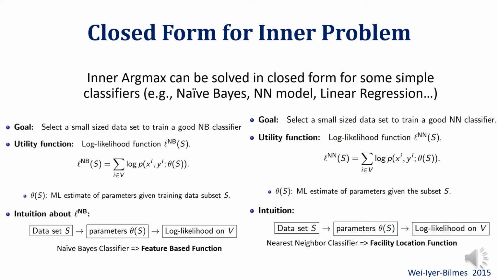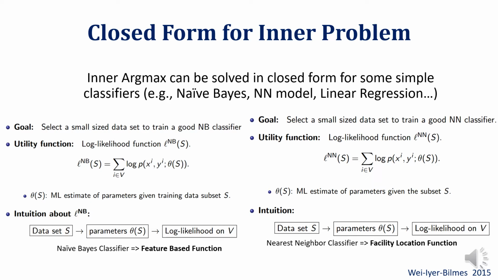Under certain assumptions such as a cardinality constraint and the data being balanced across all the classes, your log likelihood function is a feature based monotone submodular function of the set. So therefore you have efficient greedy algorithms which are also effective.